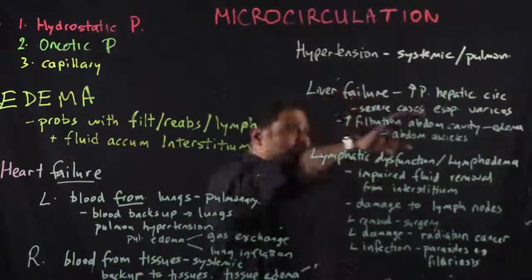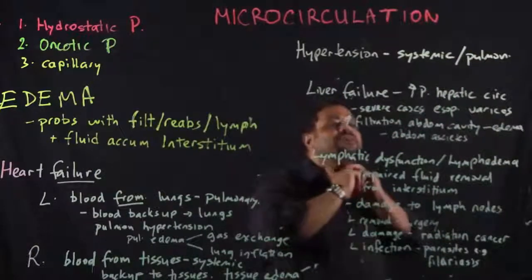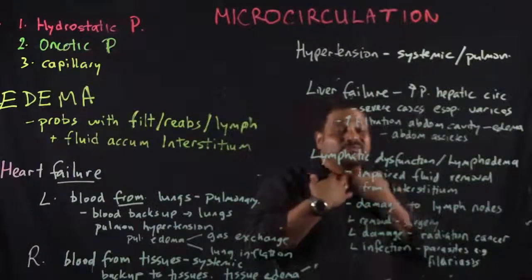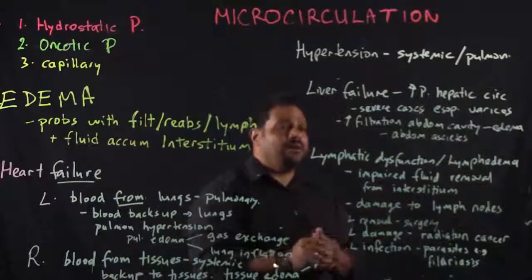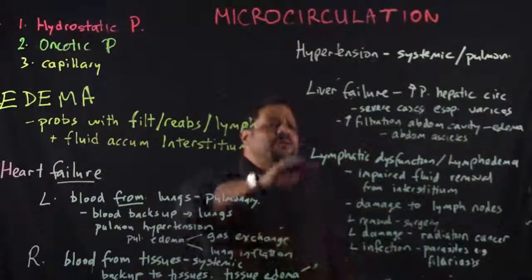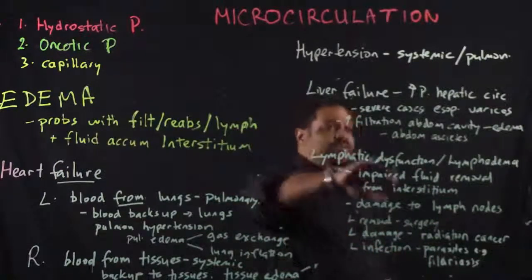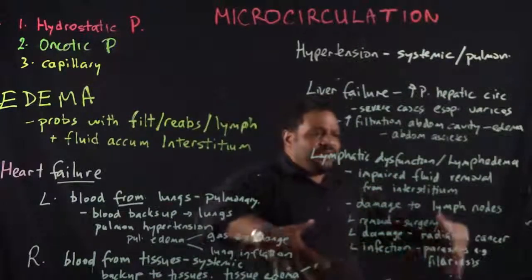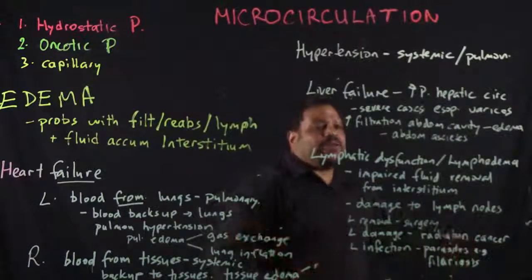In severe cases, you get esophageal varices, enlargement of the veins in the esophagus, and sometimes those can burst and cause bleeding through your mouth, so red blood coming out of your mouth. But in general, with liver failure, you can have increase in filtration into the abdominal cavity. You can have edema, and you can have an enlarged abdomen with abdominal ascites.